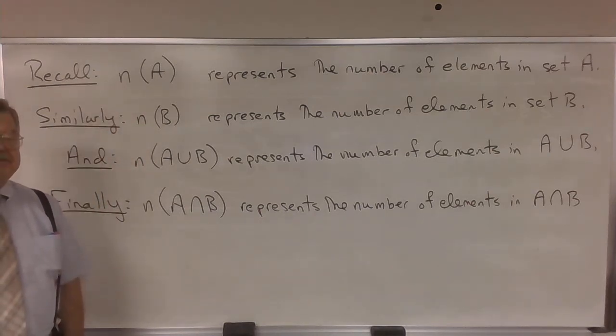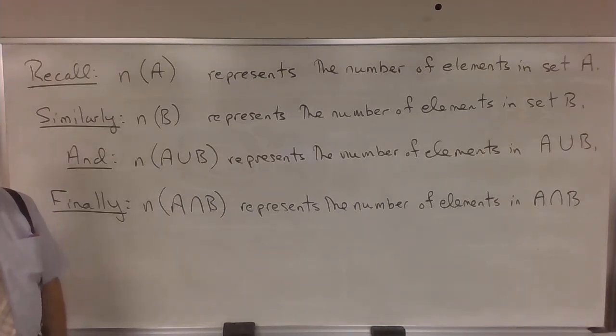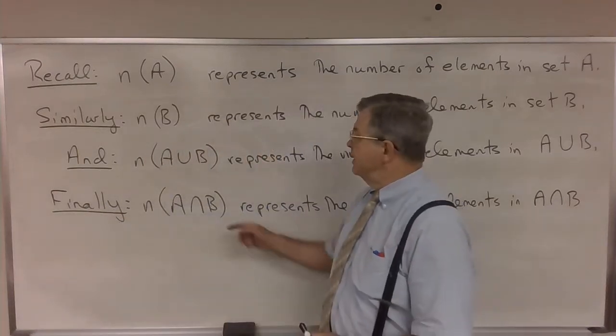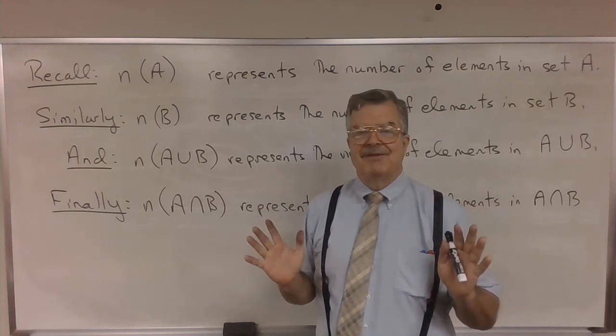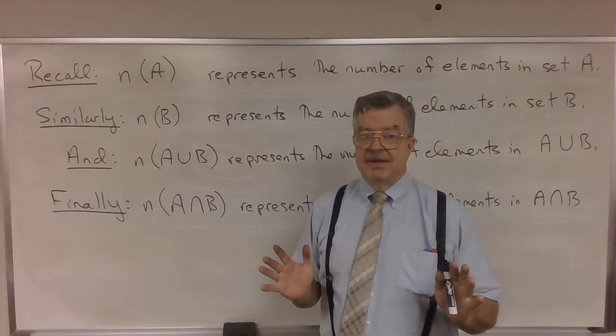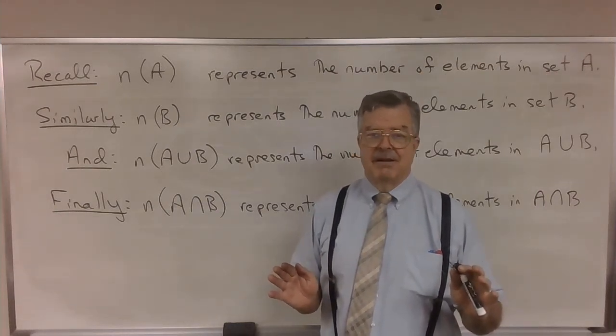And we're going to see that in just a second. The best way to see the relationship between all of these things is to draw a Venn diagram of A and B, where we don't assume anything about sets A and B.